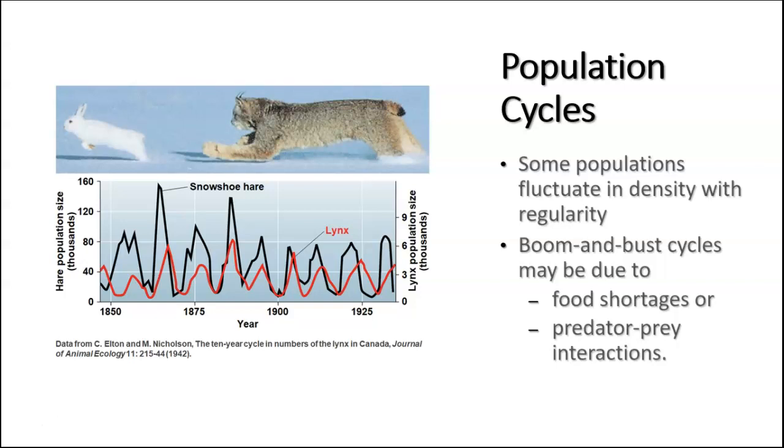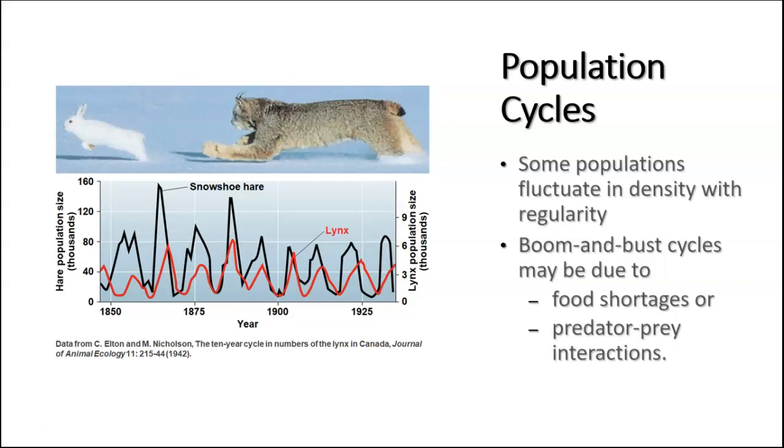Notice how the curve of the lynx population follows the population of the hares. If something happens, for instance, here there might have been an illness that killed off a lot of the rabbits, that's going to cause the lynx population to decline as well because they won't have enough food. Some of them will die, and there will be fewer kits born.